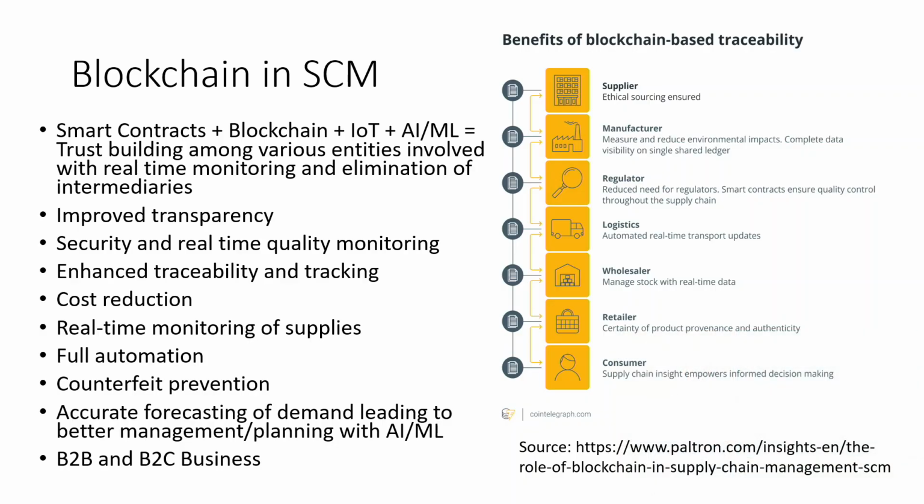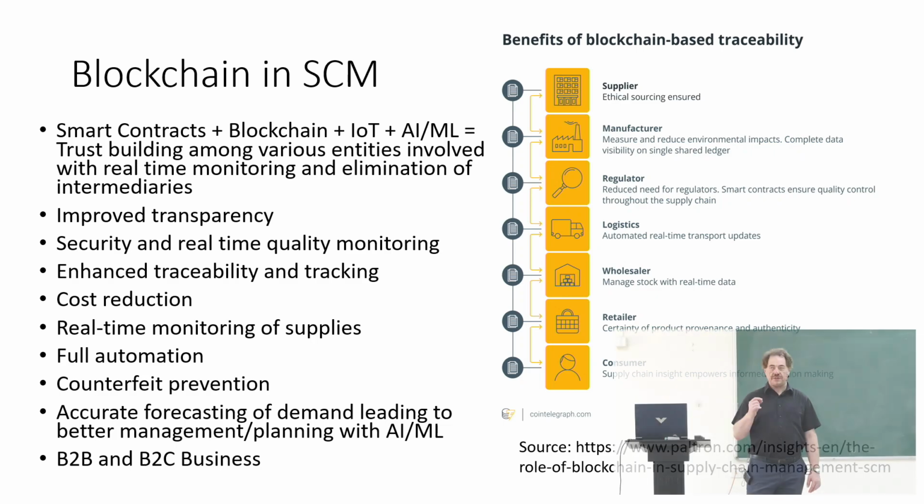So you would be using smart contracts with blockchain, with the IoT, and sometimes you would also use AI. So what role would each technology play in this case? Well, IoT is absolutely mandatory, because there is a need to use sensors to monitor so many elements in the cycle.